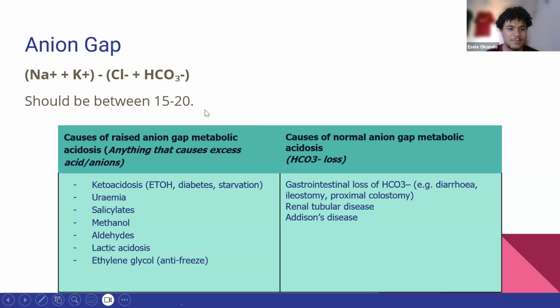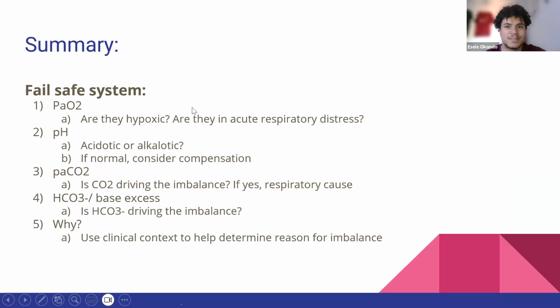So just to summarize ABGs, your fail-safe system, fall back on this if you're not sure. If you get in an exam, you panic, just remember, make sure to go through these steps. Are they hypoxic? Are they in acute respiratory distress? Then go on to your pH. Are they acidotic or alkalotic?